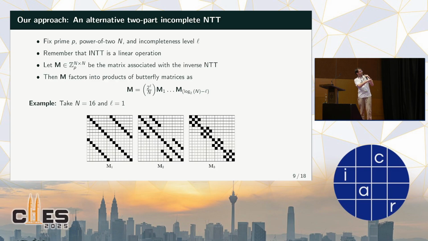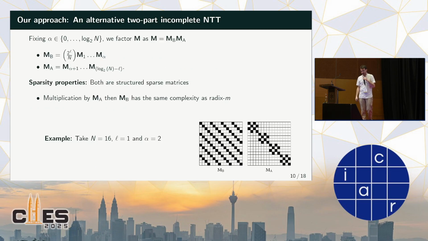So we get a product of log2 of n minus L matrices, L being the incompleteness level that you want to achieve. They are very structured, and they correspond directly to the circuits that I showed before.